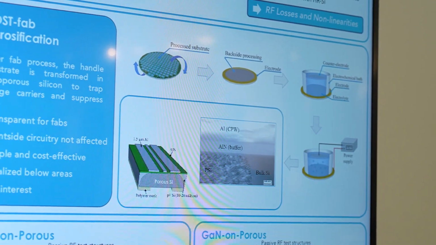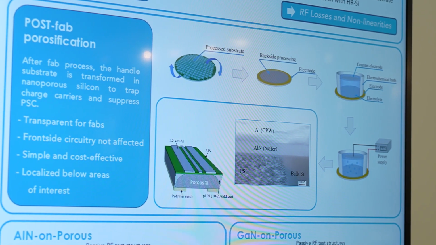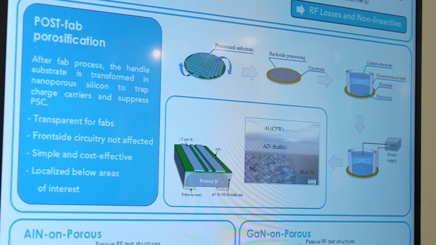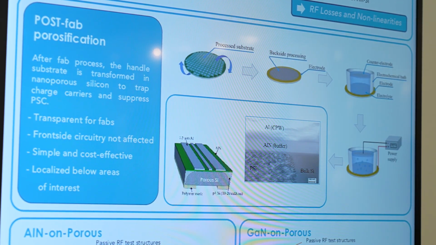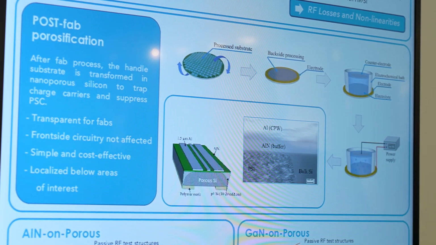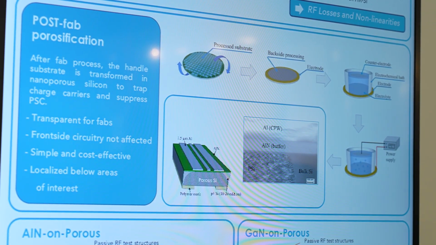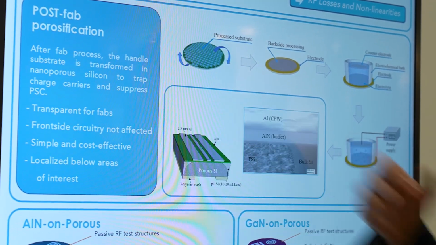After the fab, to avoid problems with the porosification in the fab process, we make the porosification from the back side up to the front side, up to the buffer. Like this, we are transparent for the fab.